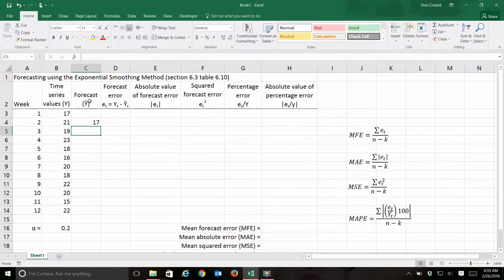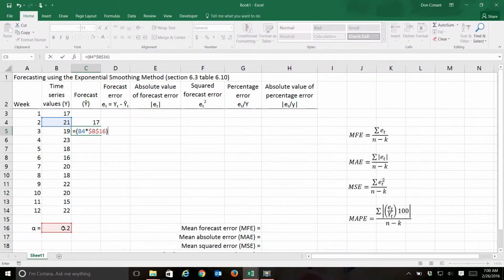From then on, we want to weight the actual value with our alpha and add to that our previous forecasted value weighted by 1 minus alpha. So we'll set that up. We'll take our actual value from the previous period and weight that times our alpha, make that absolute.